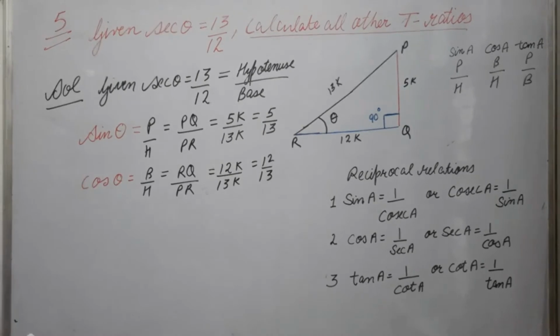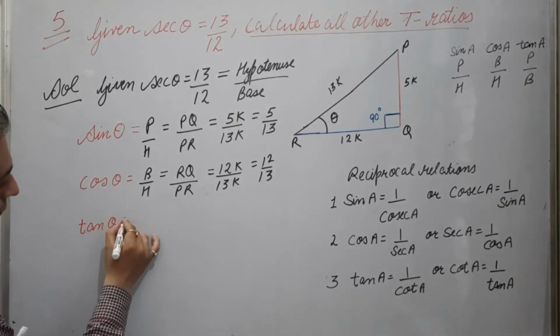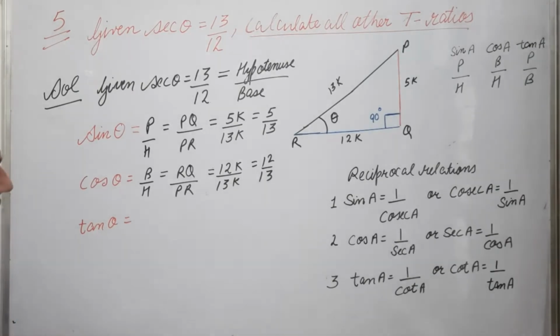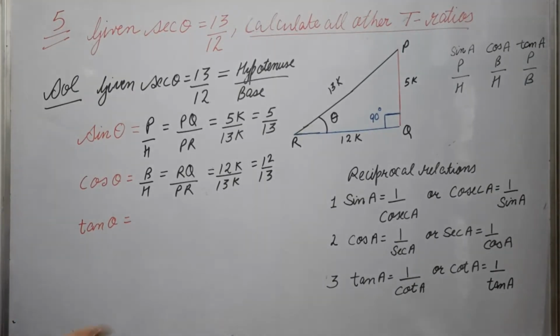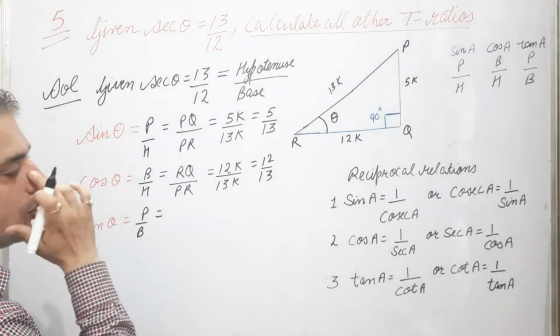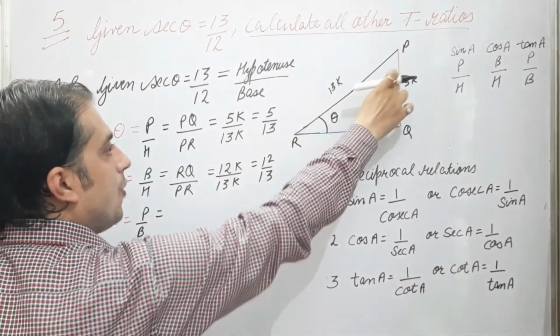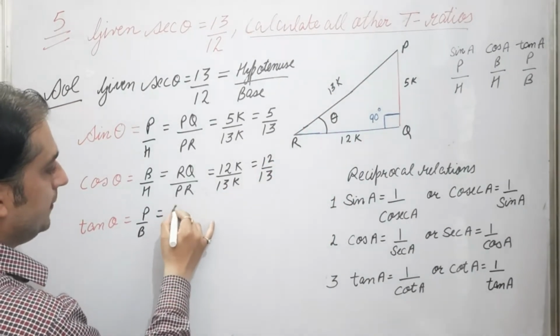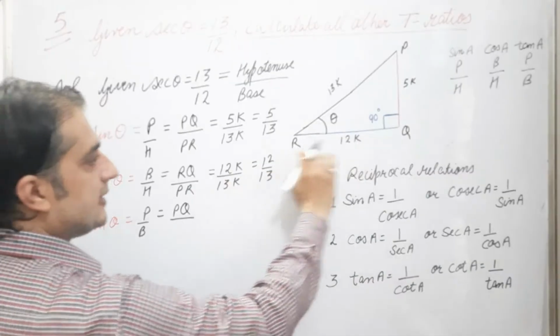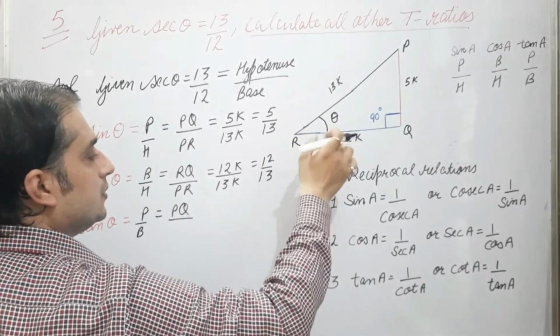Now the next T ratio is tangent. Tangent is perpendicular by base. Perpendicular is the side opposite to the angle, that is PQ, and base is the side adjacent to angle theta, because this is the hypotenuse.